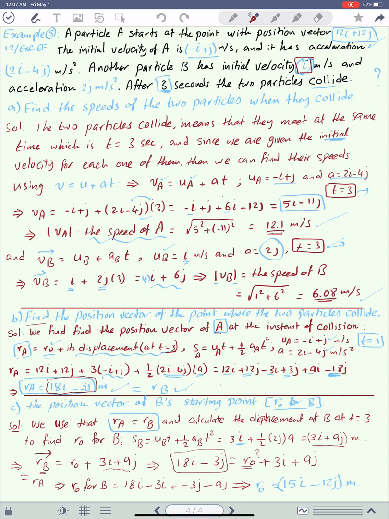Make R0 the subject by moving 3i plus 9j to the other side. You will get 18i minus 3i, and minus 3j minus 9j. So R0, the initial position for particle B, is equal to 15i minus 12j meters.